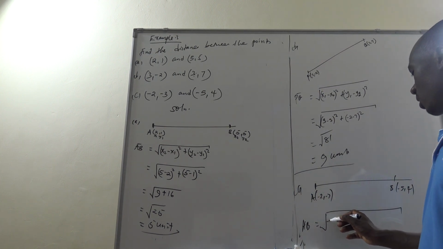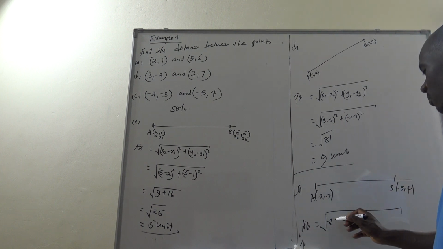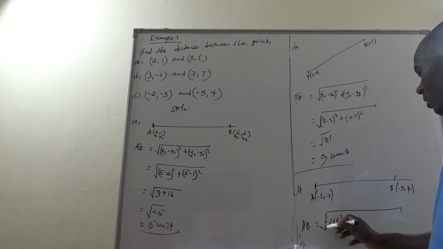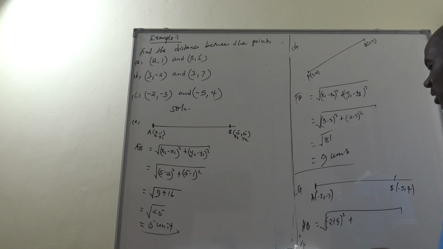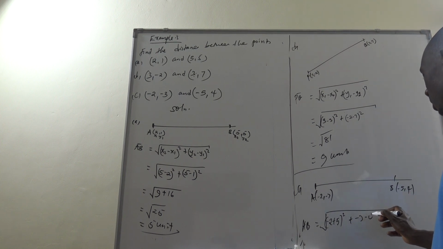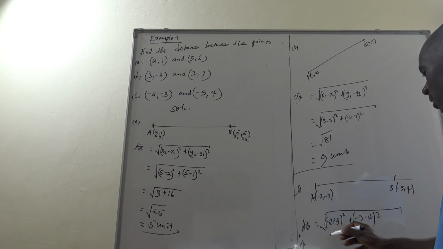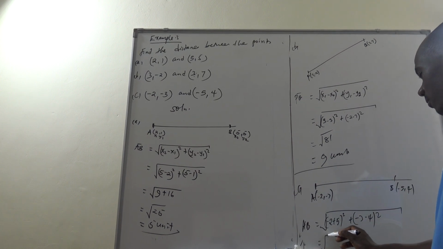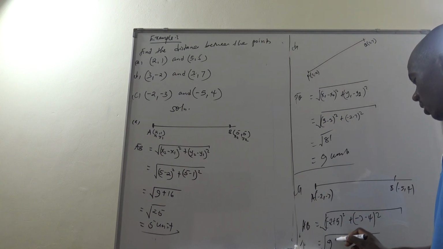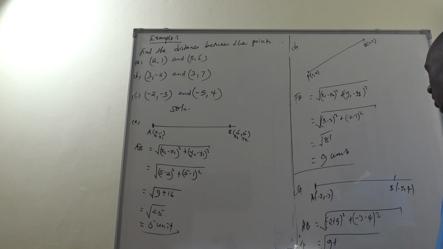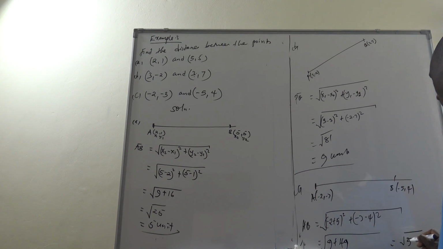It is -2, minus becomes a plus 5, the whole of it squared, plus -3 minus 4, the whole of it squared. So which is root of -2 plus 5, that is 3, and 3 squared is 9, plus -3 minus 4, that is -7, and 7 squared is 49. So when you add, we come out to the root of 58, and that will be in units.